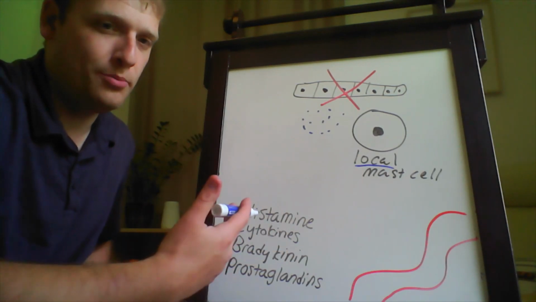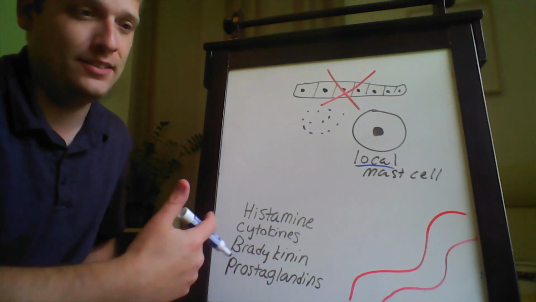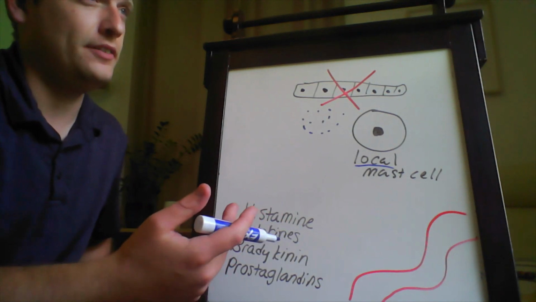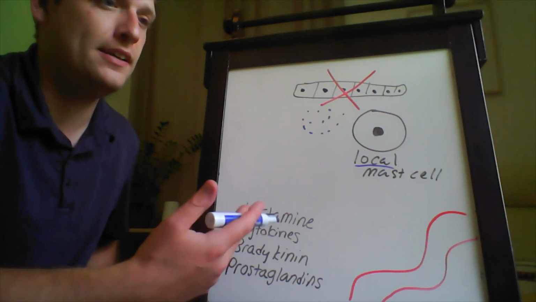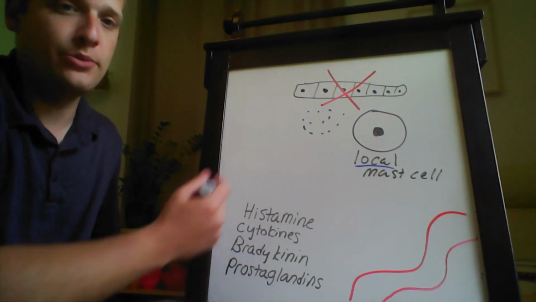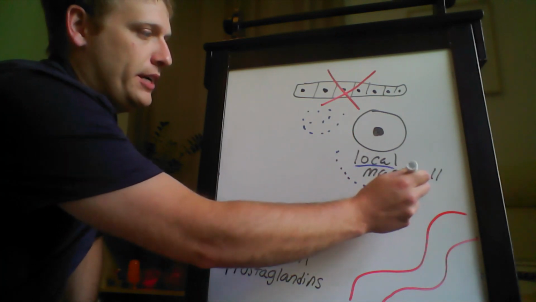That term local means these are cells that are just typically found hanging out in random tissues. And they're there kind of like patrolling police officers would be there in a case of an emergency. So these mast cells are going to receive that signal and release their own inflammatory mediators.